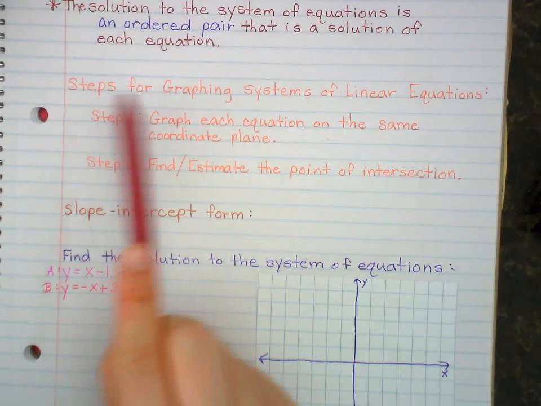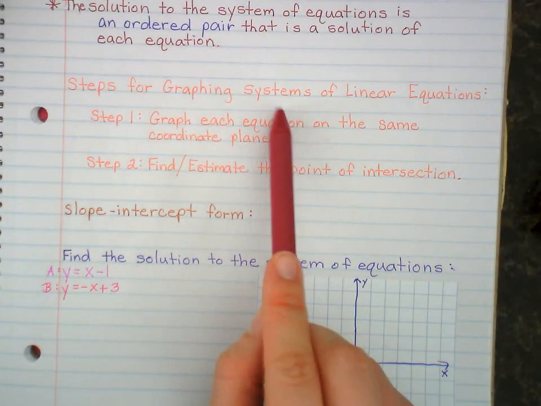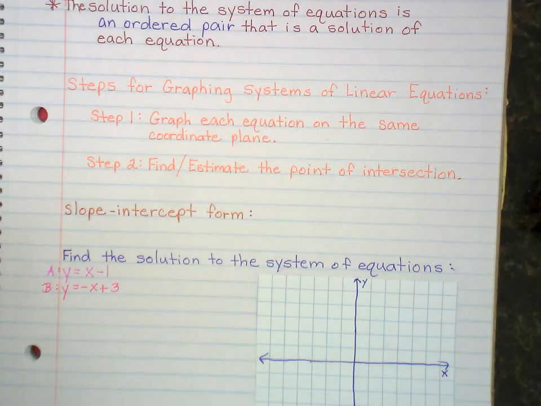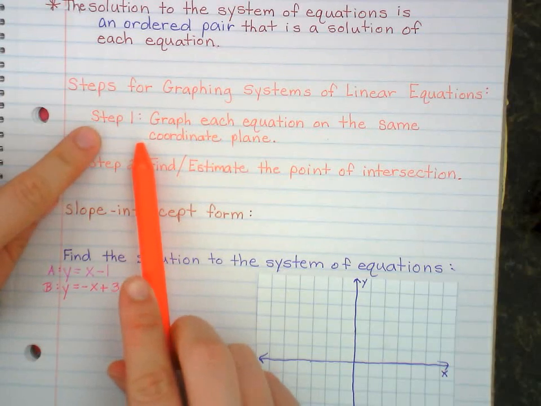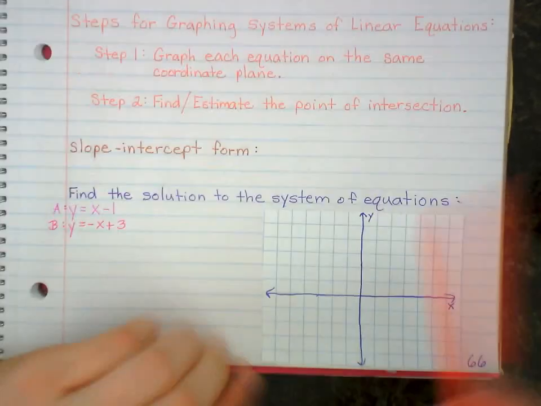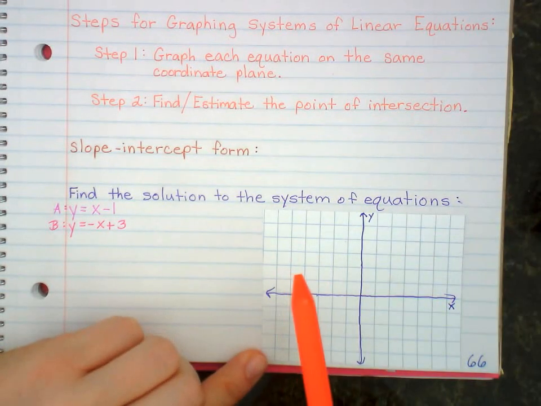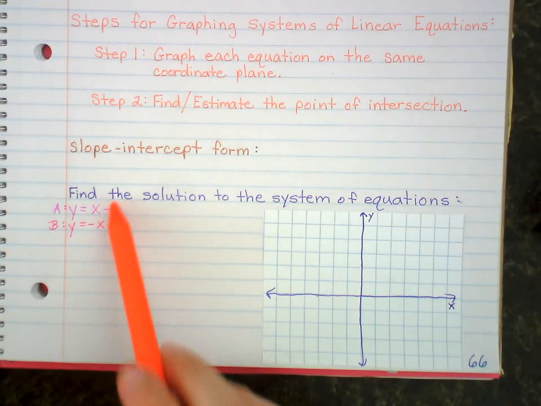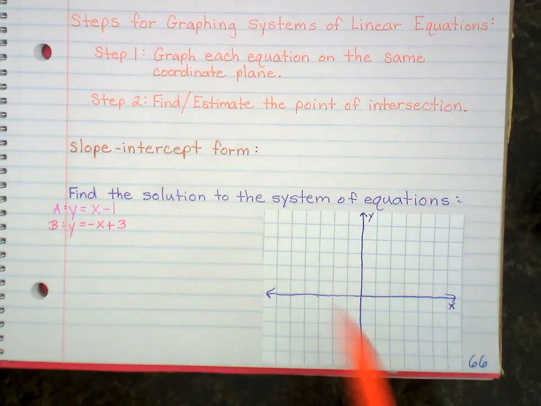So we have two steps for graphing systems of linear equations. Step 1. First, you have to graph each equation on the same coordinate plane. So we have our coordinate plane. We're going to have to graph both of these equations on the coordinate plane. That's the first step.